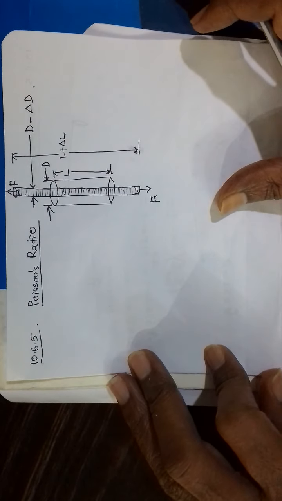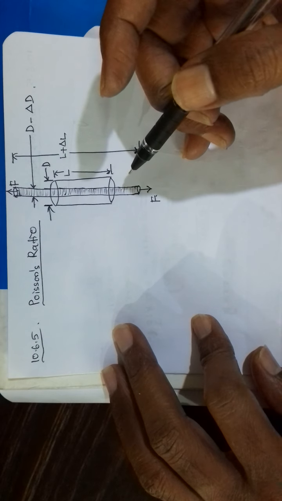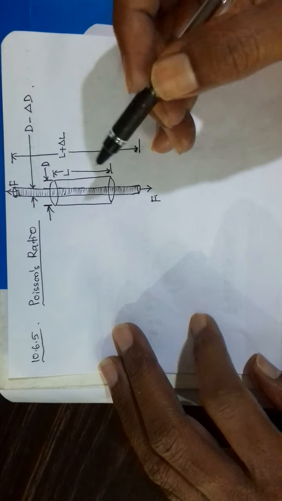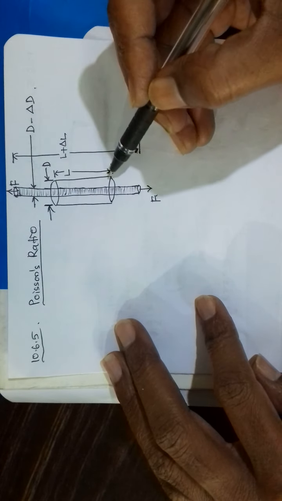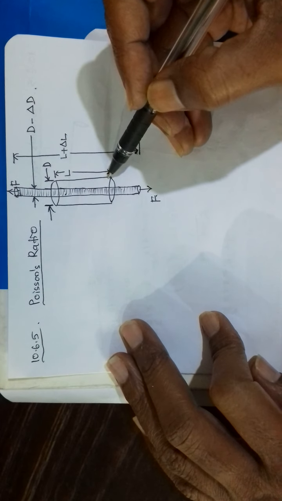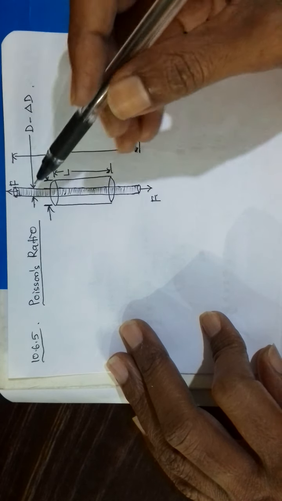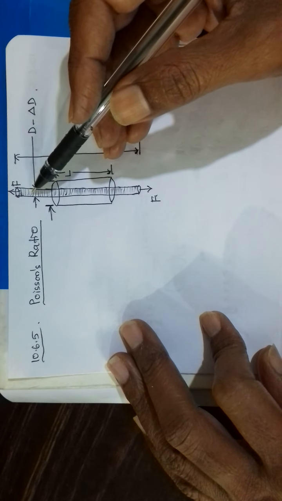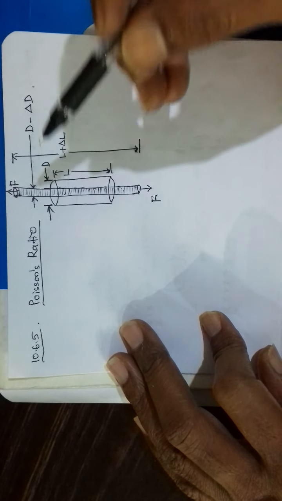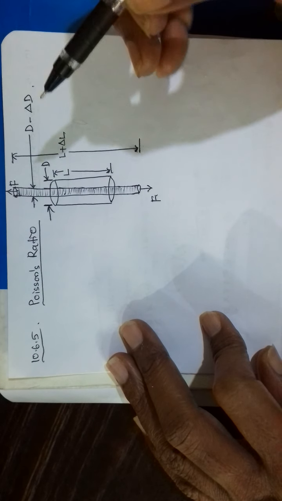Now let us look at the diagram. See, the wire has the shape of a cylinder, a solid cylinder. Initially our wire is in this shape. When you applied tensile force on the wire, it has become like this. The shaded part has become like this. Previously it was thick, now it has become thin. See what changes you observe.